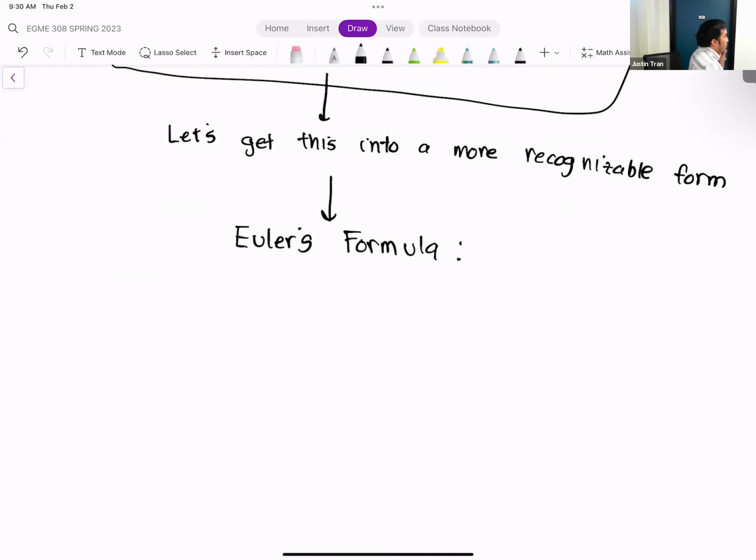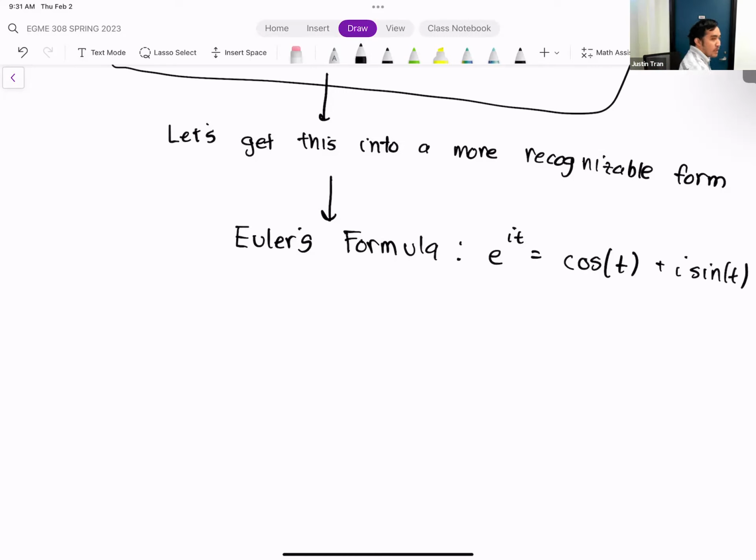And so Euler's formula is a special formula where if you have e to the i times something, then this is equal to cosine of that something, which in this case is t, plus i sine t.